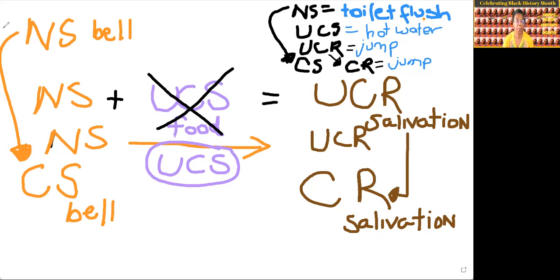Okay? So remember, the neutral stimulus always becomes a conditioned stimulus. The unconditioned response always becomes a conditioned response. And the unconditioned stimulus, in the case here, is a stimulus that causes an innate reaction. We don't have to learn that it's going to cause us to react.